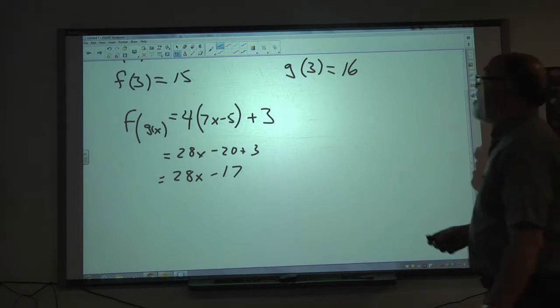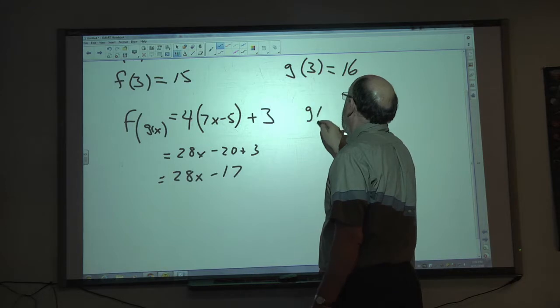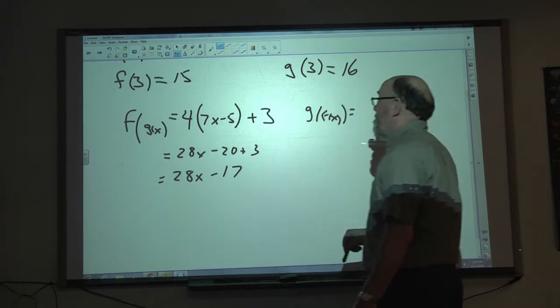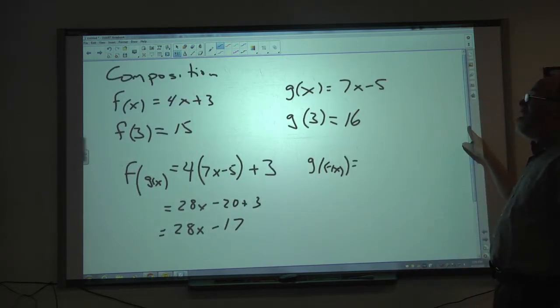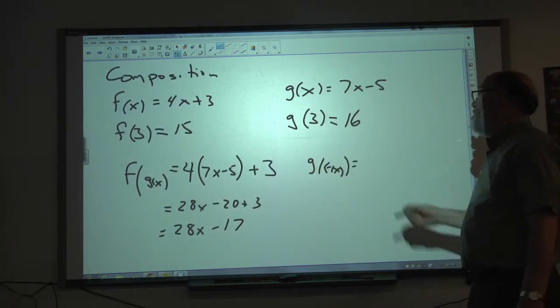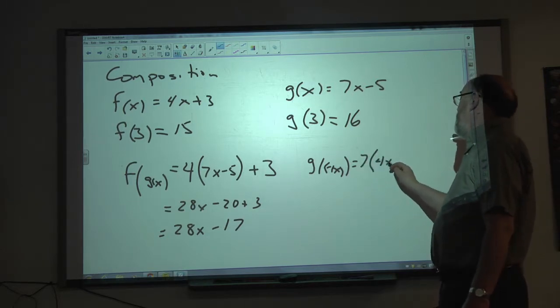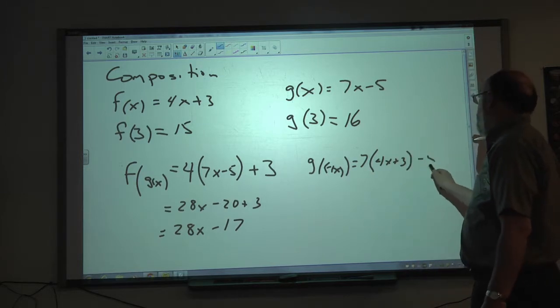And then we could do the same thing on this side. What is g of f of x? Now we would start with g of x, and everywhere you see the x, we'll plug in f of x. So this is going to be 7 times the 4x plus 3, minus 5.